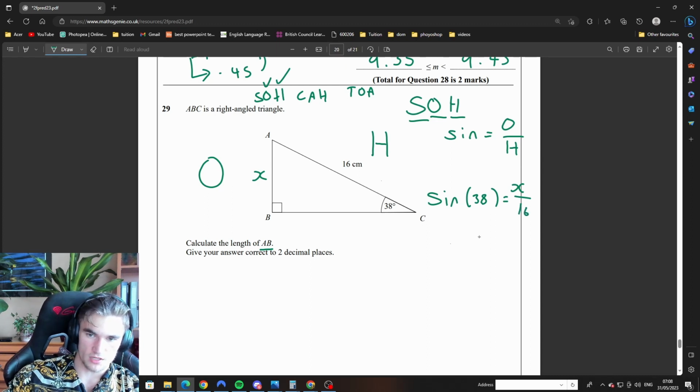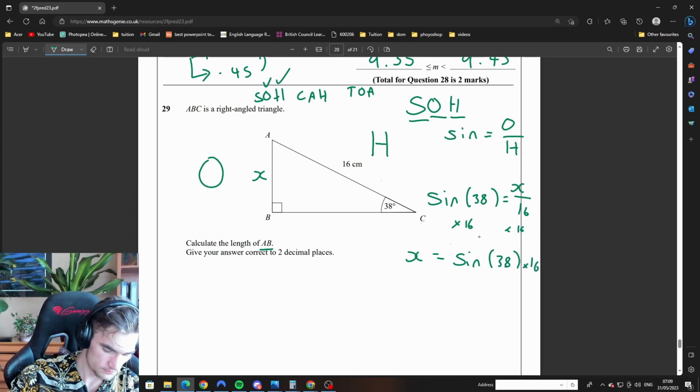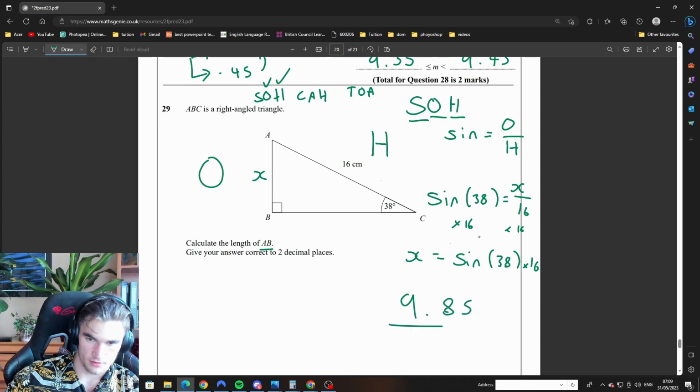To find out what x is, I just need to multiply both sides by 16 to get x by itself. So x equals sin 38 times 16. If I grab my calculator, I get 9.85. And that's fine for my answer.